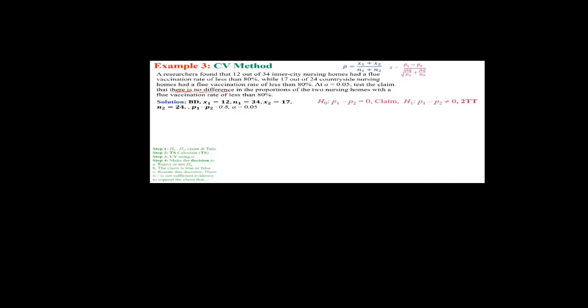For P bar, we need X sub 1 plus X sub 2 over N sub 1 plus N sub 2. So we have to calculate those first, and I'm assuming everybody can do that. Again, it's tedious. It takes a little bit of time. You must do that, but that would really be the main difference between this and previous sections.